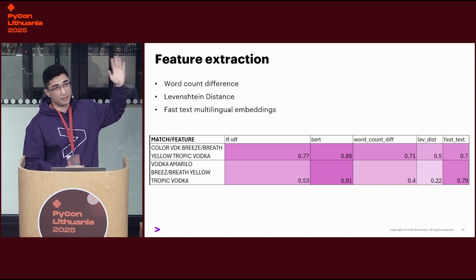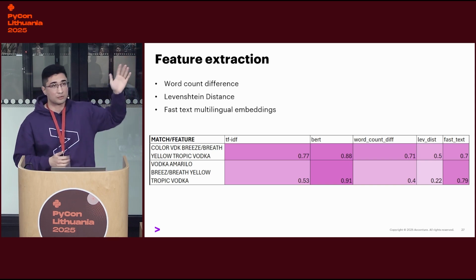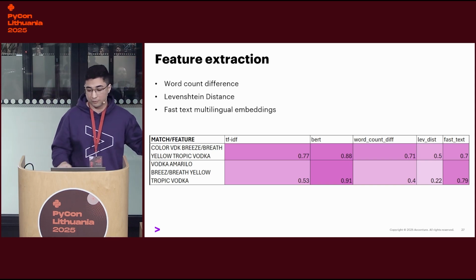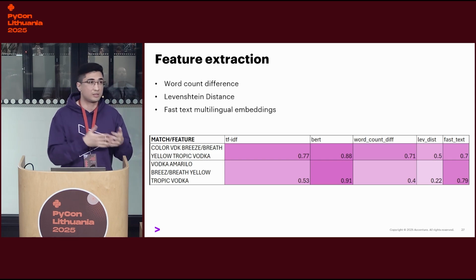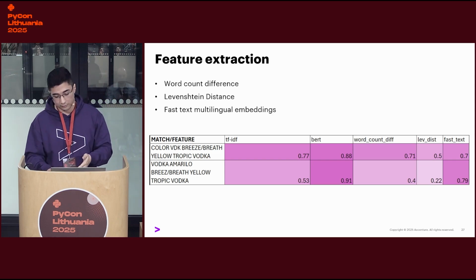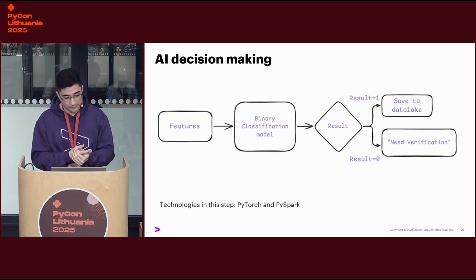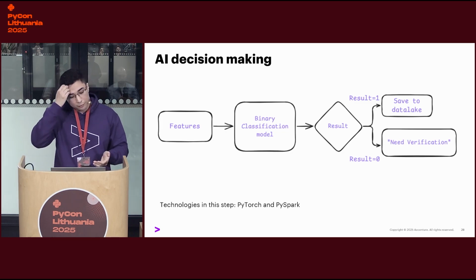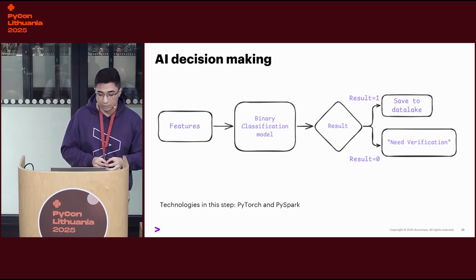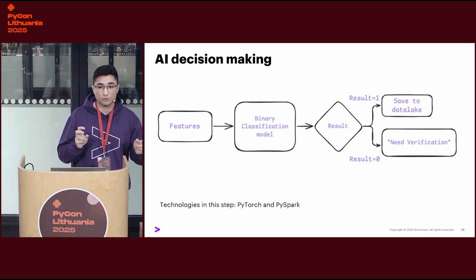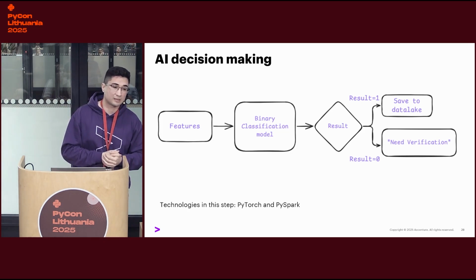So after feature extraction, we have 5 opinions from different algorithms, and now we need to finally make a decision. Do we save it, or do we mark it as human validation required? This is what we do. Unfortunately, for the binary classification model which makes the decision, I cannot reveal what is directly inside, but it's a simple deep learning model with a couple of basic layers.